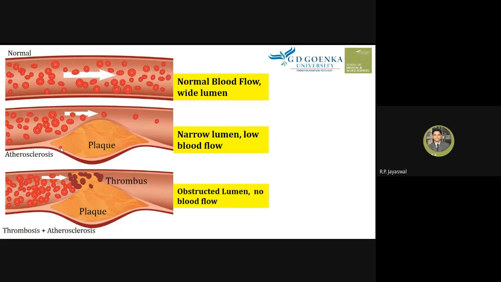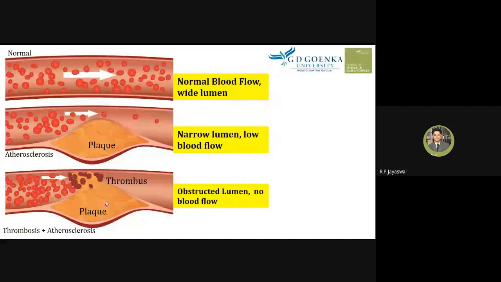So the atherosclerosis process leads to plaque formation because of the deposition of fat and cholesterol in the arteries. Because of the development of plaque, the lumen becomes narrow, and we can see the blood flow is slower compared to the normal one, right?